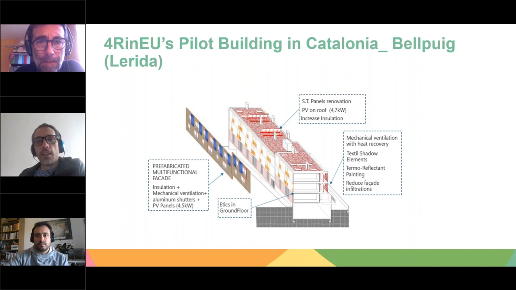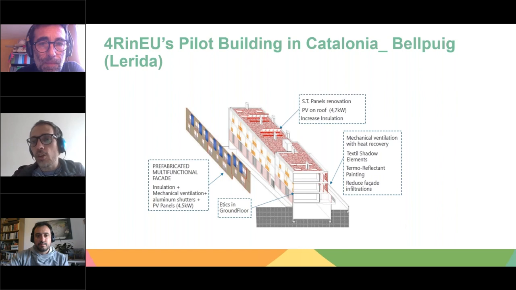Yeah, this is the idea, and the idea is to better protect our buildings and to use easy ways to renovate the facade and the roof, to achieve energy production, better insulation or better thermal behavior, and also better ventilation.